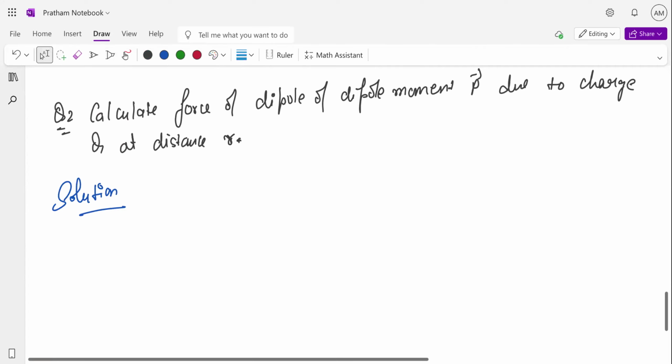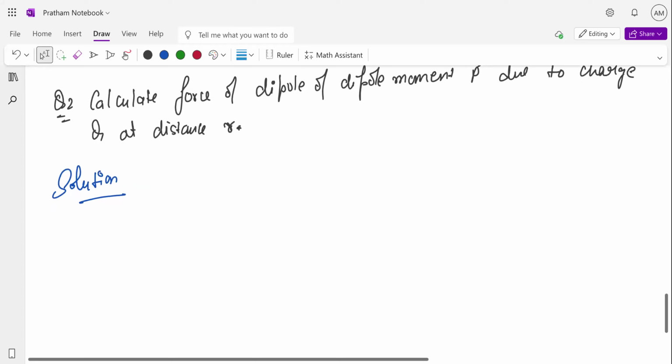Then E is equal to kq by x square. Then I differentiated with respect to x because we had to find dE by dx. Exactly. Then after differentiation I got 2kq by x cube.